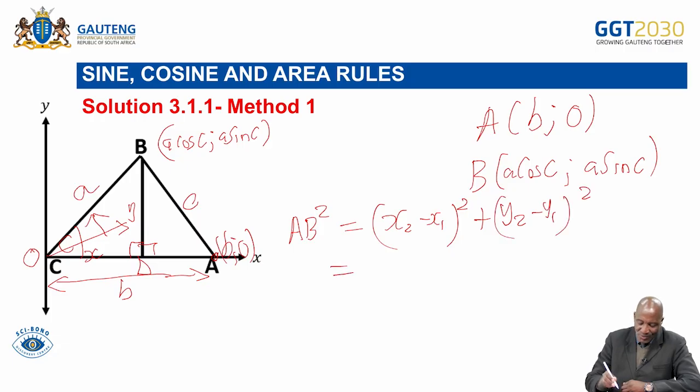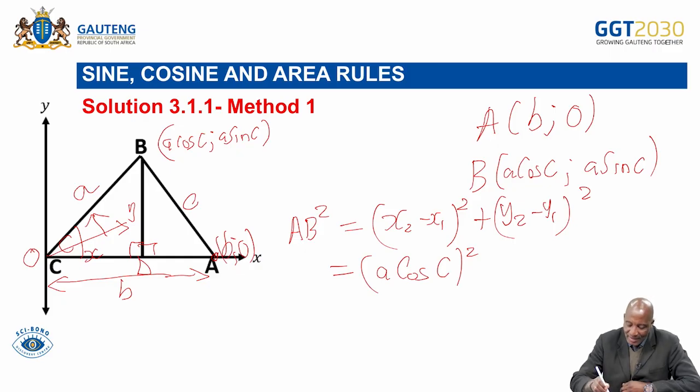What is our x2? I will use A cos C. So it is A cos C minus, what is our x at A?